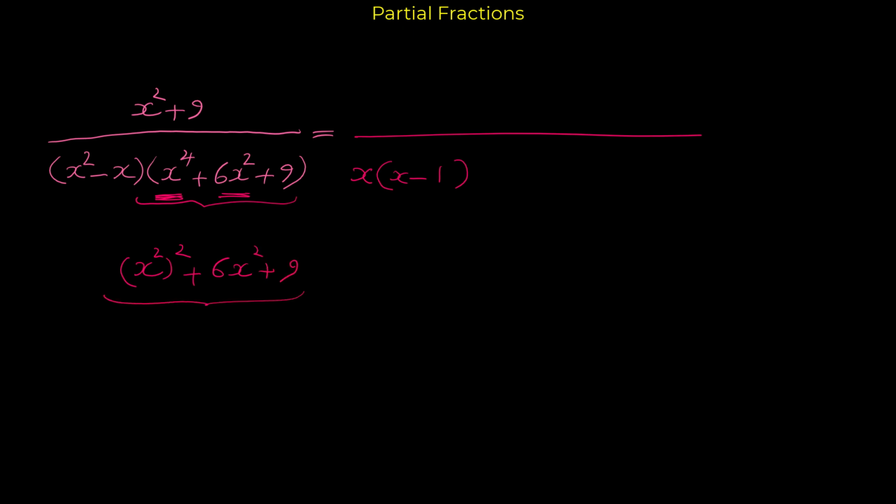This is like a quadratic function. So basically you have to guess two numbers whose product is 9 and whose sum is 6. Those numbers are 3 and 3. 3 times 3 is 9, 3 plus 3 is 6. So we can factor this in the form of (x^2 plus 3) times (x^2 plus 3).